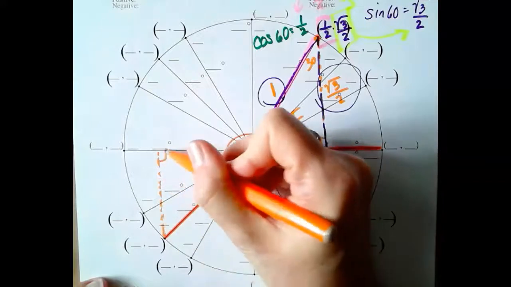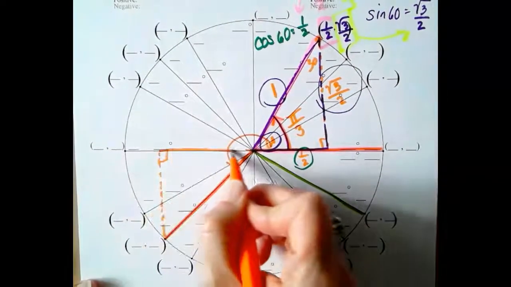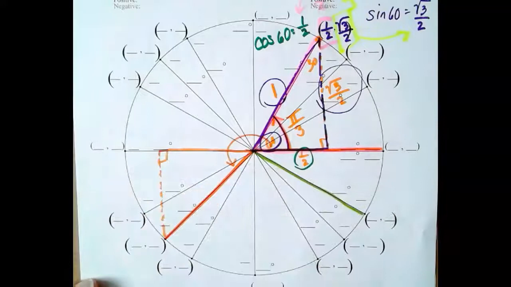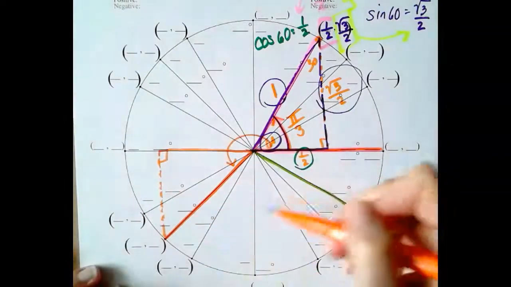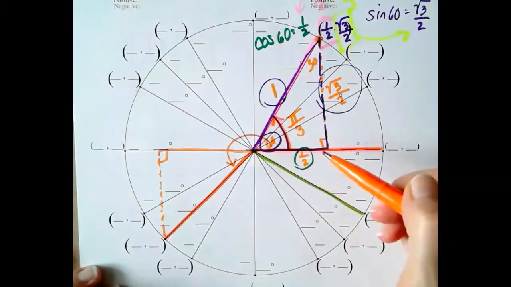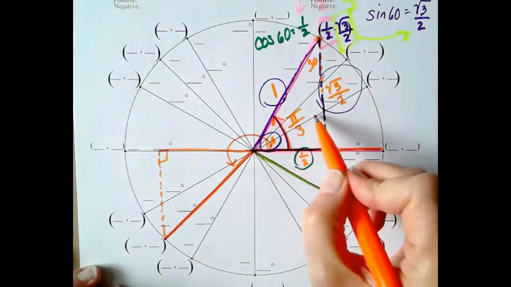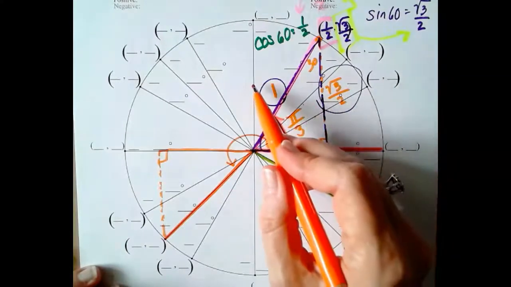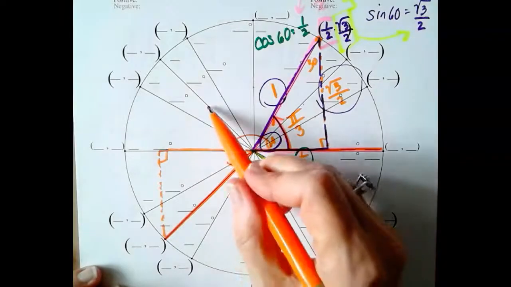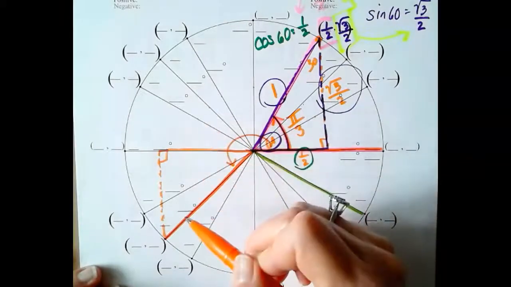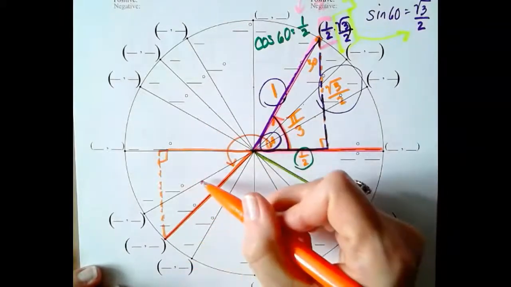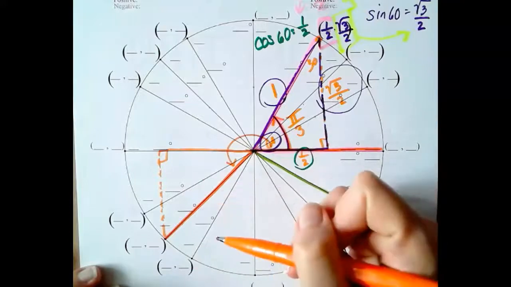Remember, the altitudes are always drawn relative to the x-axis. So let's count and see where we are. 30, 45, 60, 90, 120, 135, 150, 180, 210, 225.